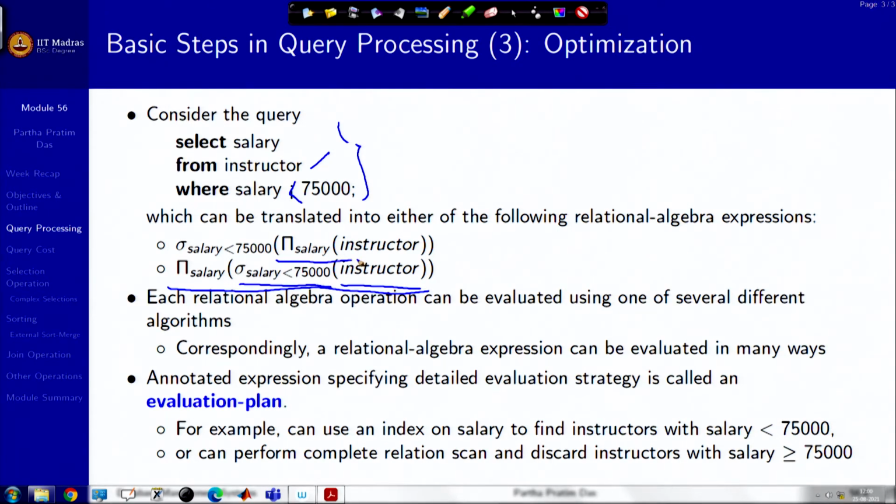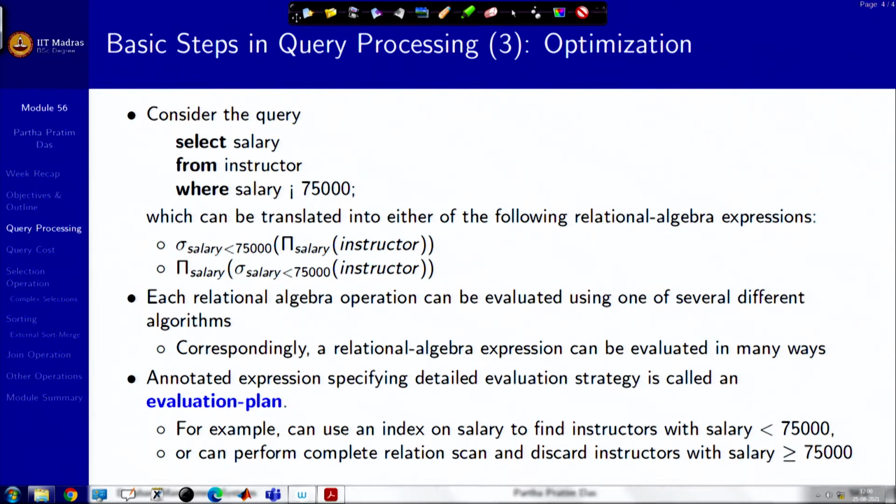Or it is also possible that since salary is the only attribute involved in the condition and salary is also the only attribute in the output, the other attributes of instructor actually have no role in the query. So, you could first do a projection on salary and then do the selection. So, in the first one you do selection then projection, in the second one you do projection then selection, and both of them are equivalent relational algebra expressions for the above query.